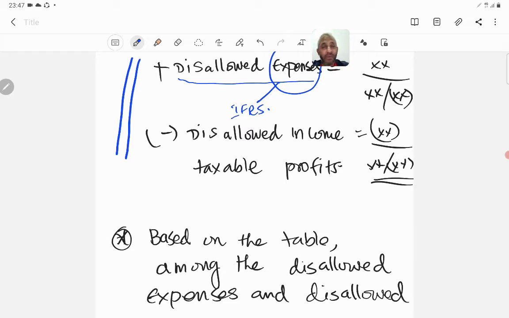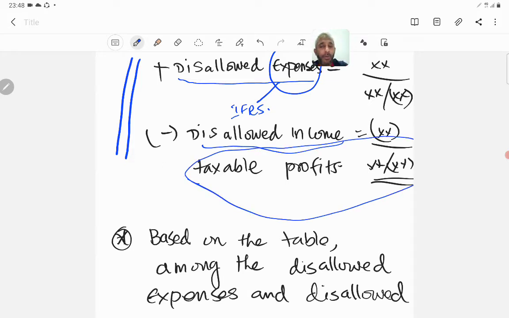They say, my friend, no, we can't accept that. We will wait until you receive the revenue in cash. Once the revenue is received in cash or monetary terms, then only they will recognize it. So we may have to subtract some of the taxable or disallowed income, and this will arrive at taxable profit.